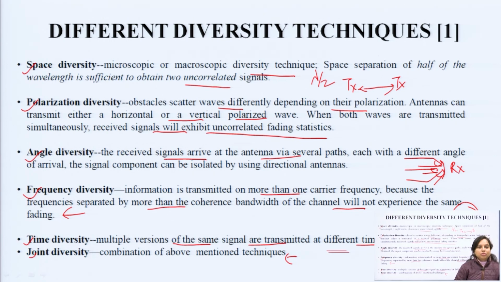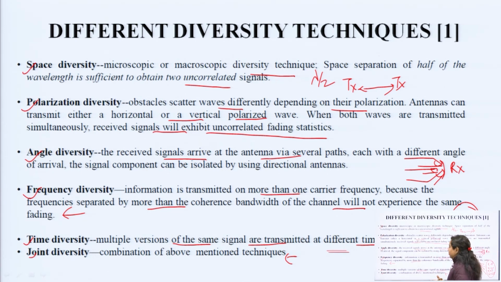It all depends on the particular technique. Space diversity has its own advantages or disadvantages, and so does polarization diversity. So, joint diversity will combine the advantages of different diversities and produce a hybrid type of diversity, which is a combination of one or two.